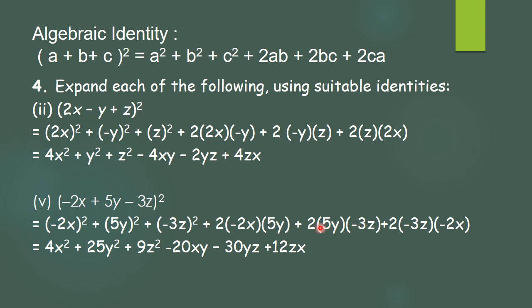Here it is again the minus, 5 3s are 15, 2s are 30yz, and here it is minus into minus plus, so the answer will be plus 12zx. I am writing these numbers second and fifth, that is our textbook sum. I have not solved first and third, that you have to solve in your notebook.